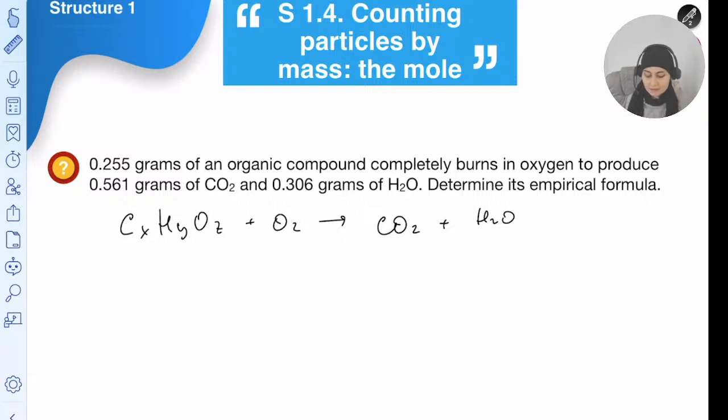Fine. So to find the empirical formula, my goal is to find the moles of atoms of carbon, the moles of atoms of hydrogen, and the moles of atoms of oxygen in the CxHyOz, and then take the ratio, and the ratio would show me the indices.